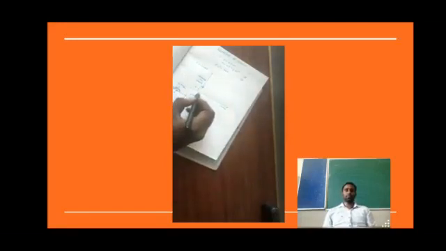This is point O, the origin, and from O I have taken point A. So OA means the vehicle is going with some speed, I don't know the speed, so here I mention u, which represents the initial speed.